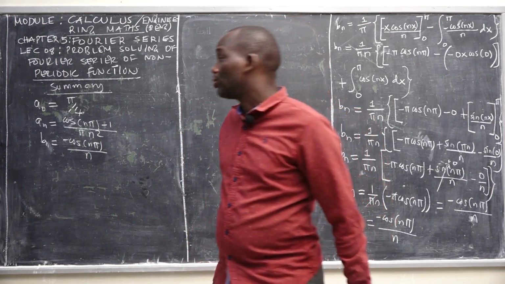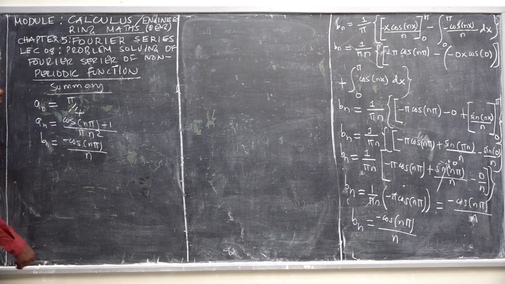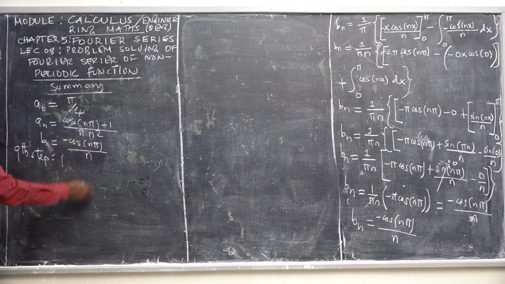Okay? So the next step is step number 9. The 9th step, we say that all three Fourier coefficients are not equal to 0. So this one is not equal to 0, this one is not equal to 0, this one is not equal to 0.